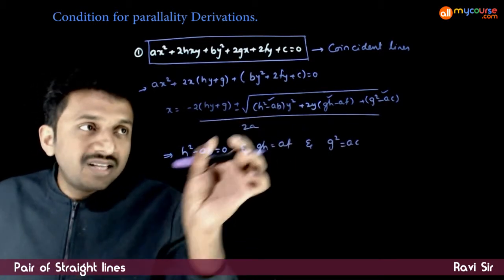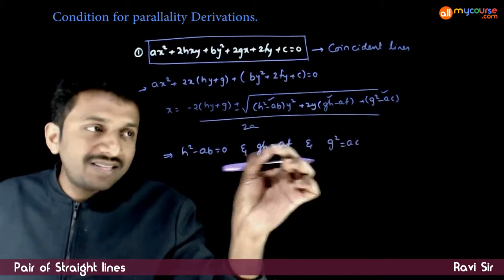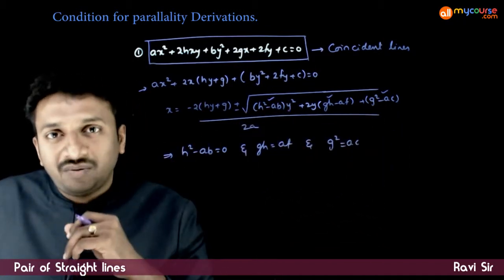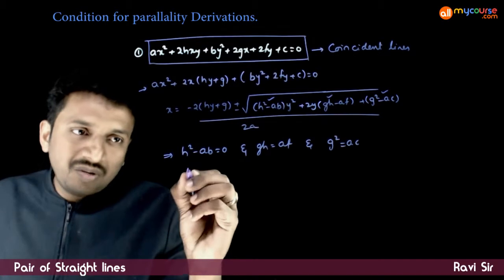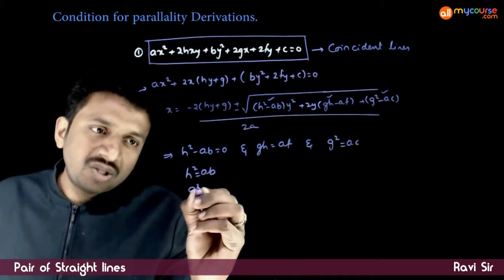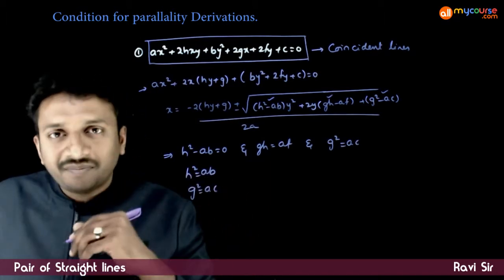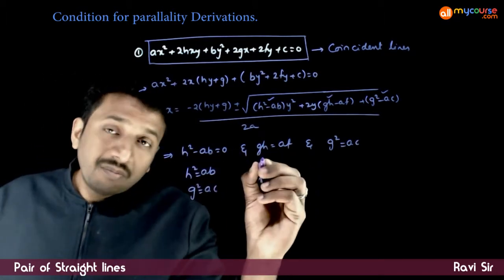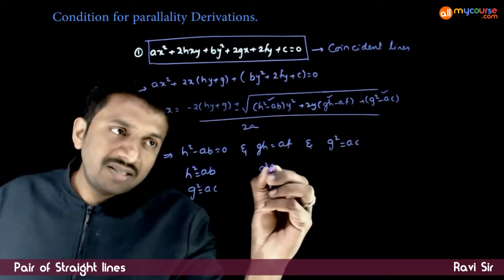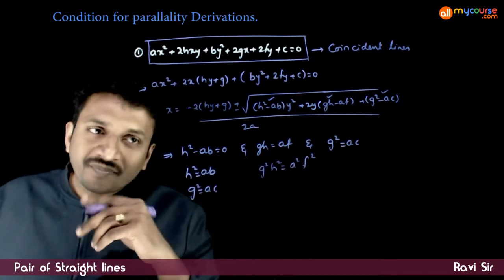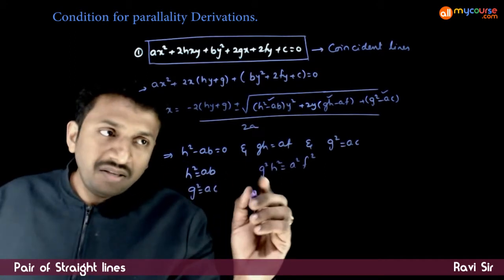So if h square minus ab is equal to 0, gh minus af has to be equal to 0, g square minus ac has to be equal to 0. So h square is equal to ab, g square is equal to ac, and if you simplify this condition, if you square it on both sides, you get g square h square is equal to a square f square and h square is equal to ab.